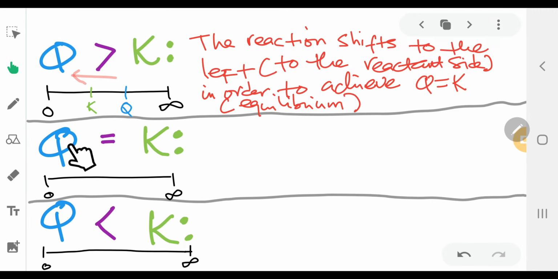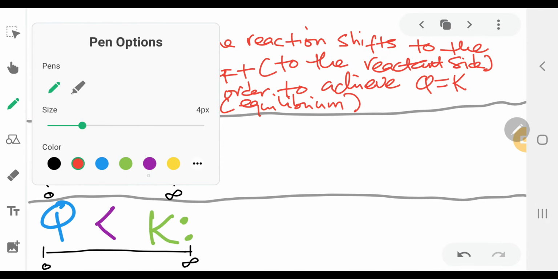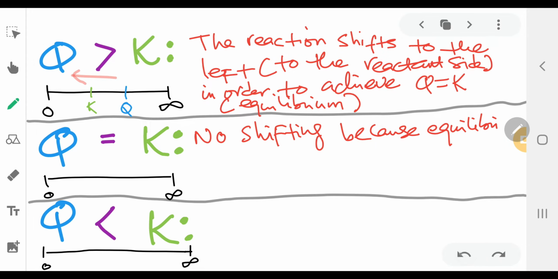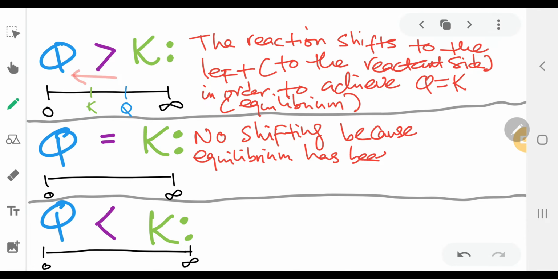Now I think you can guess what's going to happen when Q equals K. When Q equals K, that means no shifting because equilibrium has been achieved.